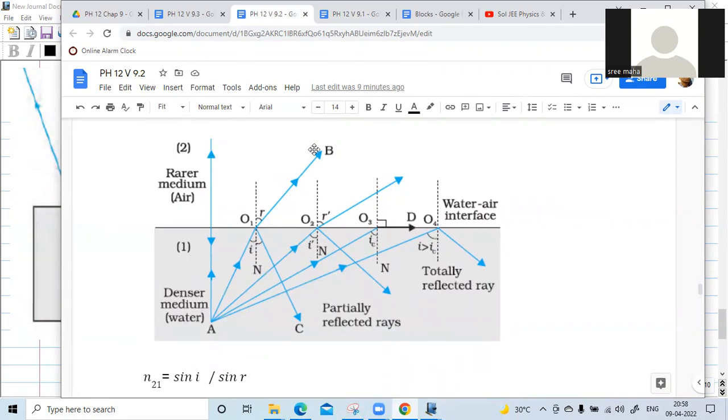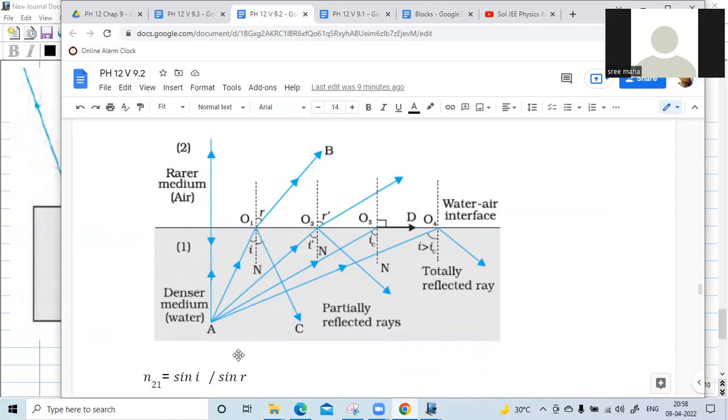Lesser than 1, because it's the refractive index of the second medium with respect to the first. It's the ratio of the speed of light in the first medium by that in the second medium. The speed of light is more in the second medium, so it's less than 1.